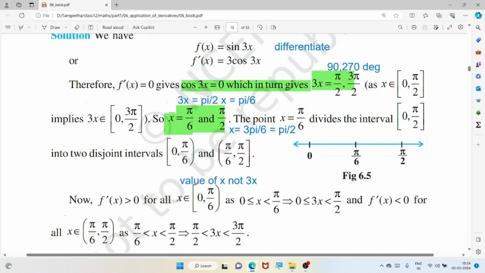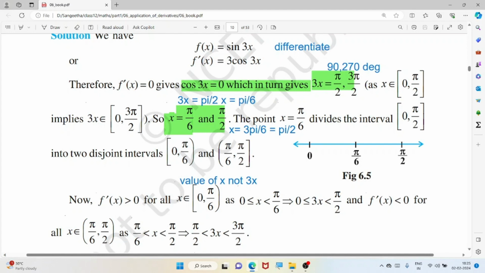So cos 3x is 0 at 3x equal to pi by 2 and 3 pi by 2. When 3x equals pi by 2, then x equals pi by 6.